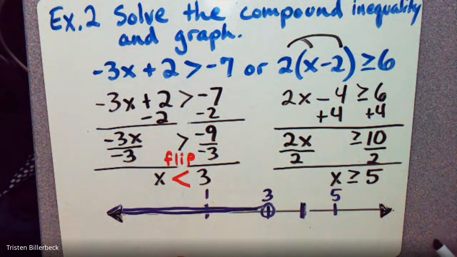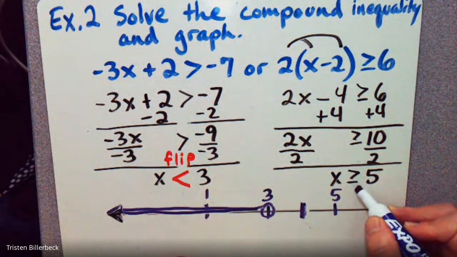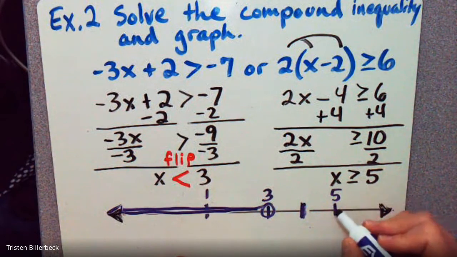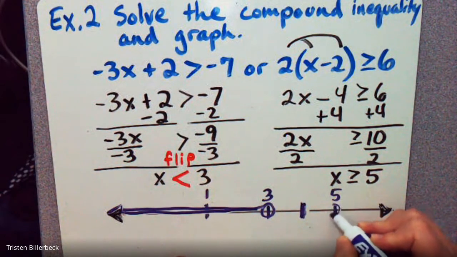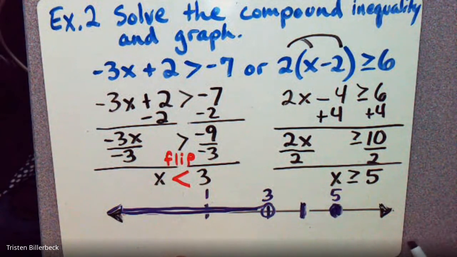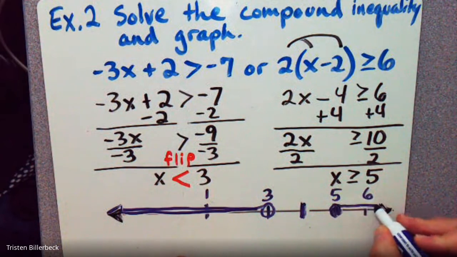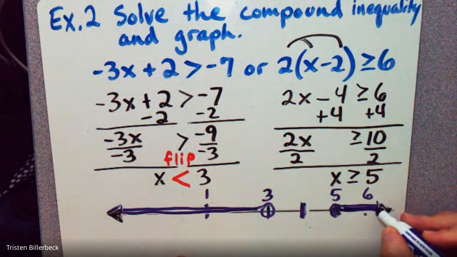All right, and then we see x is greater than or equal to 5. So that means x can be 5. So we are going to make a closed point. Okay, and then if I have 6 right here, that's definitely greater than 5. So that means we're going to shade in this area.